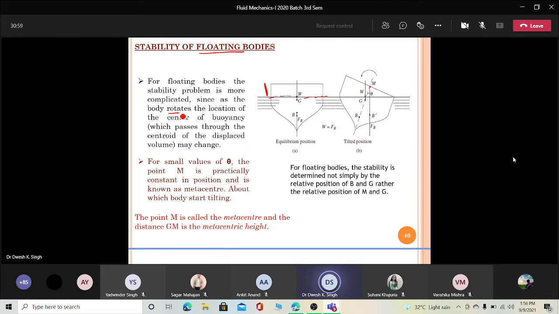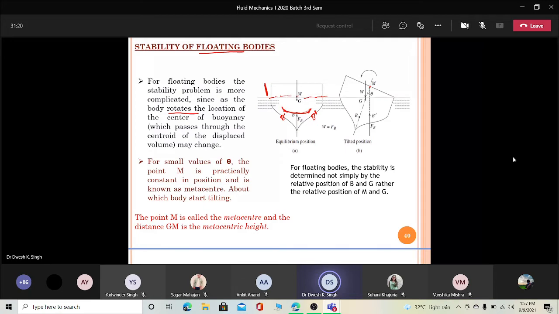Okay, so now we are going to discuss this case. As the body rotates, the location of the center of buoyancy moves like this, to B dash here. B dash is the new position of the buoyancy.